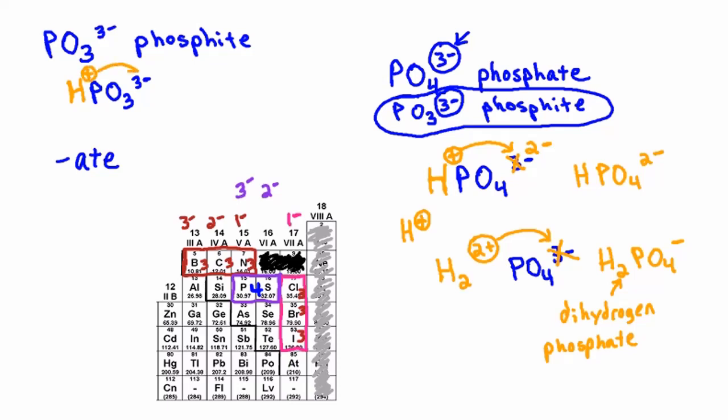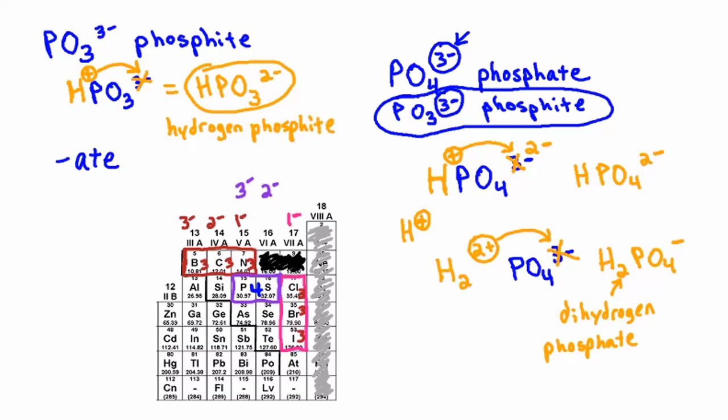So it goes over and it takes away one of the negative charges in the phosphite. So you will end up with hydrogen phosphite with a -2 charge. So that would be hydrogen phosphite.